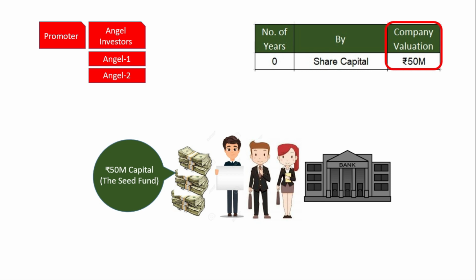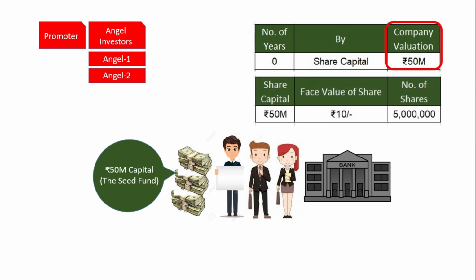The company assumes that each share is worth 10 rupees, and because there is 50 million rupees as share capital, there have to be 5 million shares with each share worth 10 rupees. In this context, 10 rupees is called the face value of the share.